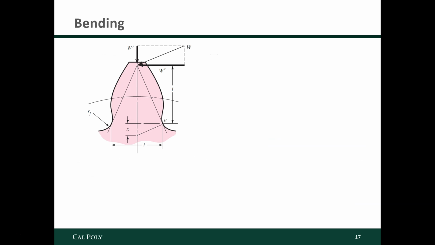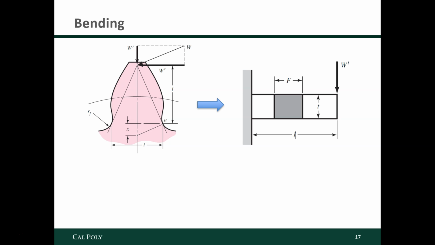Okay, so bending, here's a gear tooth. Lots of complicated geometry going on here, but it all boils down to the fact that we're going to treat this thing as a cantilevered beam. So you can see a distance L here from this point A where failure occurs up to the point where the load is applied. And so we're going to rotate this thing towards the right, and it's going to be L long.